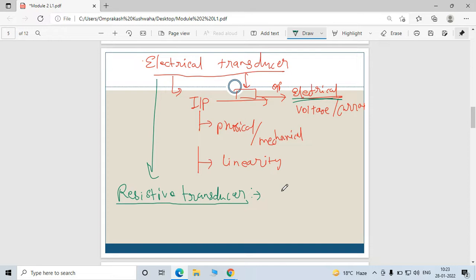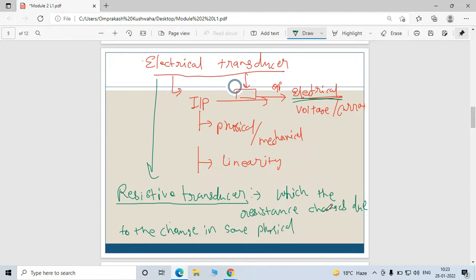So these are the transducers in which the resistance changes due to a change in some physical phenomenon.